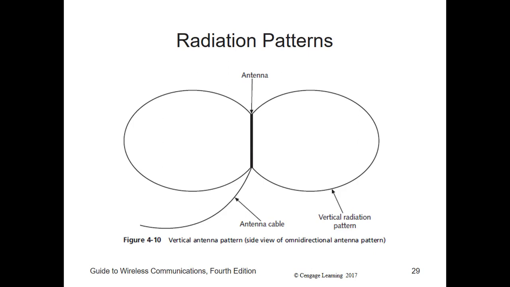So here it illustrates the shape of the RF waves emitted by an omnidirectional antenna as if we were viewing it from the side. I have my antenna directly there in the middle, and then you can see how it goes out on each side. You'll notice it's definitely not going to come down here at the bottom because the cable would stop that, and then it's just too small of a gap here for it to give anything out of the top of the antenna.